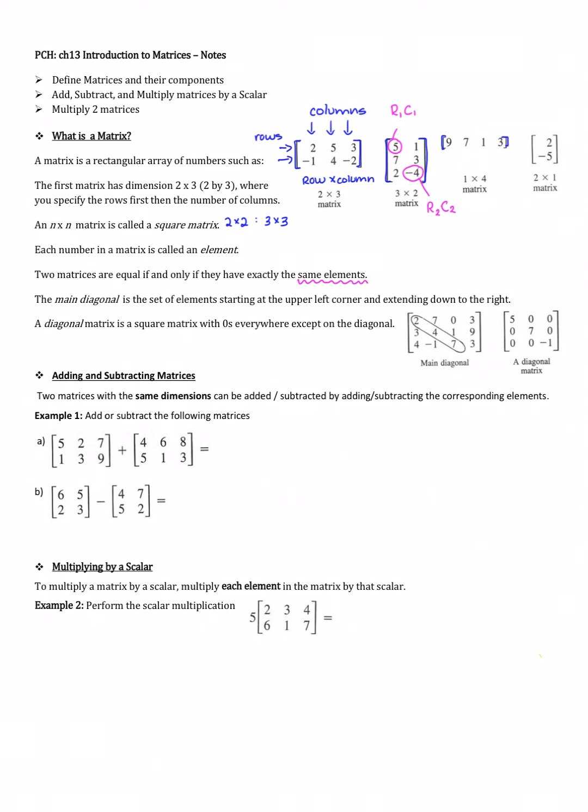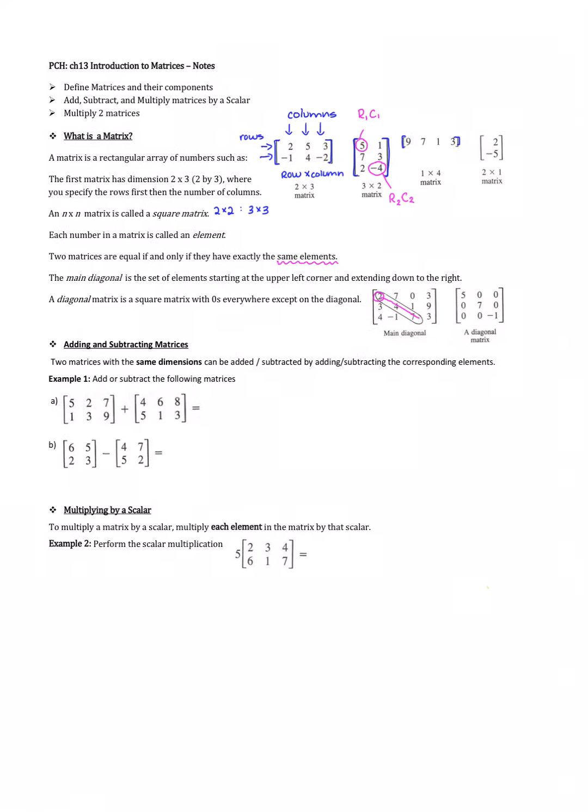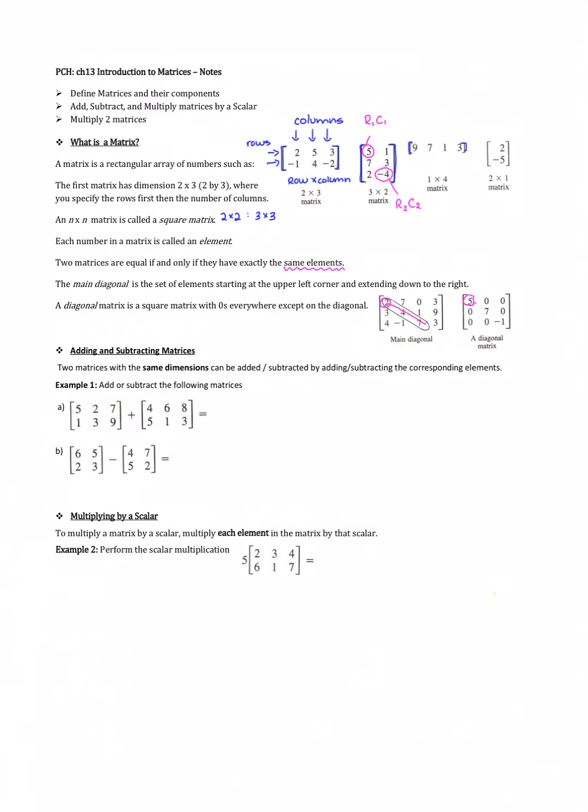The main diagonal starts here and then goes down. This is very important in a square matrix, because in a square matrix you can do what's called row reduction to solve systems of equations.